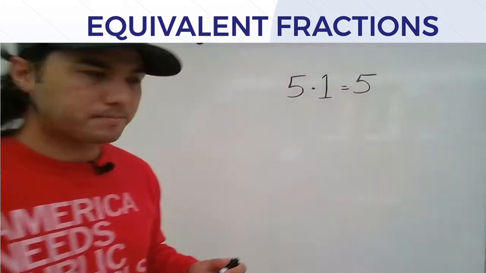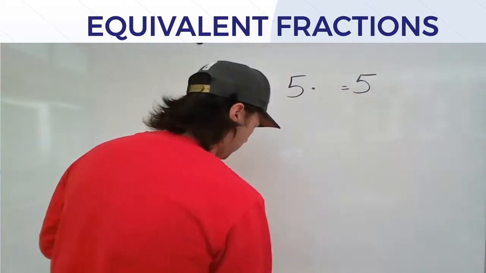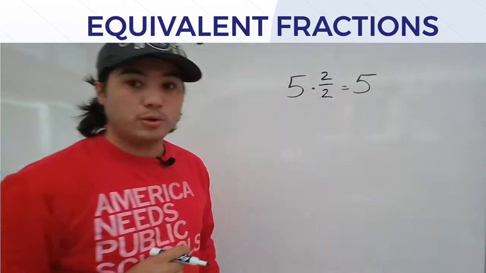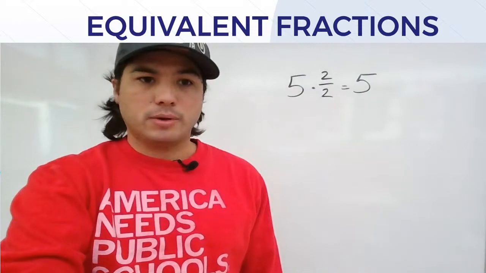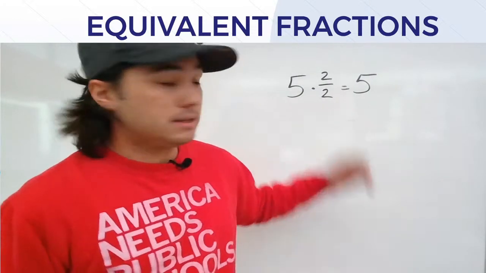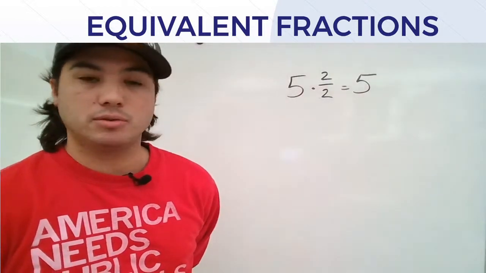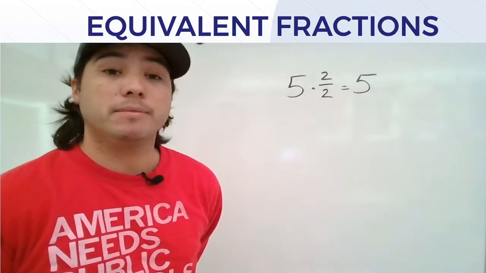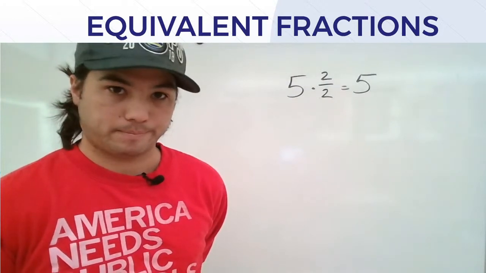For instance, instead of 1 here, we took our 2 halves, and this math sentence, this equation, is still true. 5 times 2 halves is still going to equal 5, because 2 halves is the same thing as 1, and that goes for any equivalent of 1.